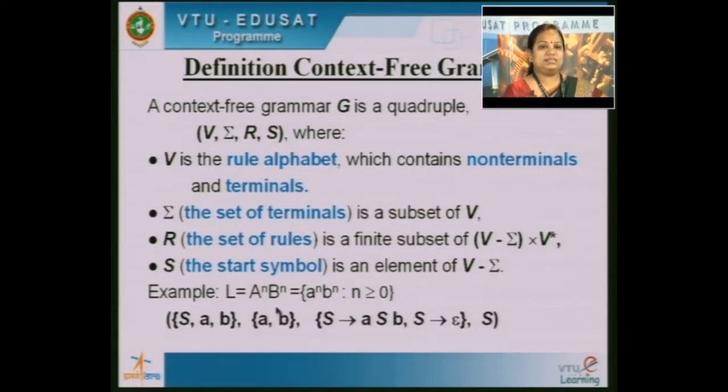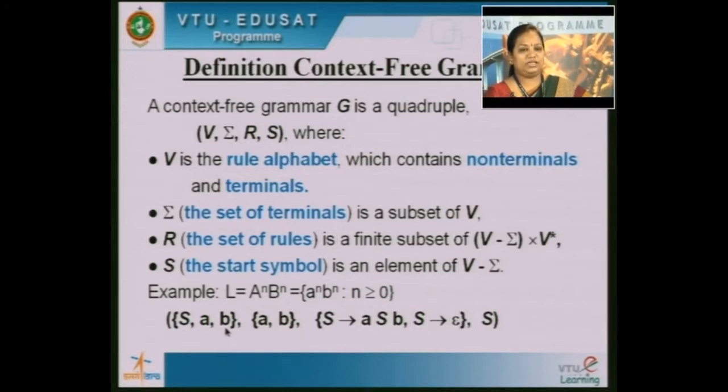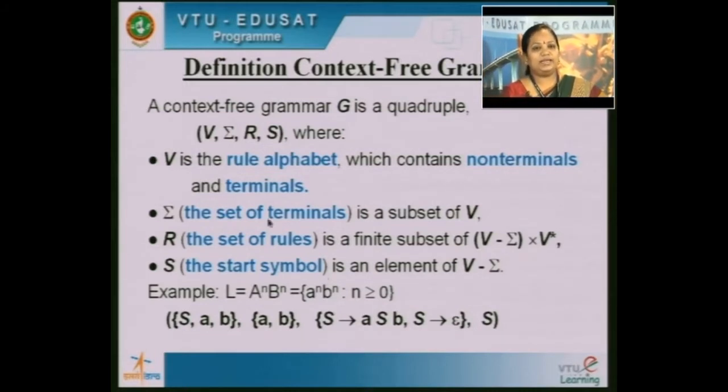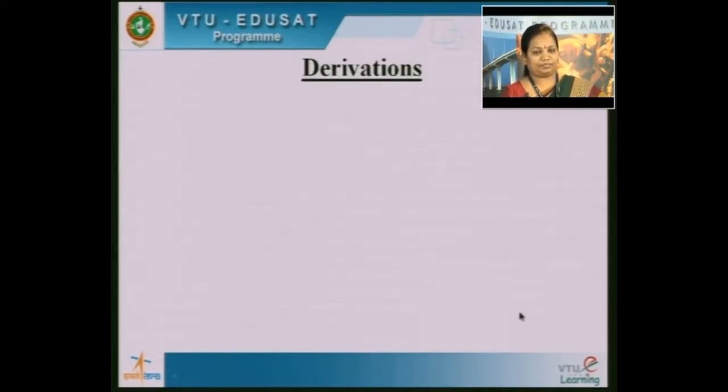Grammar for this language: V equals S, only one non-terminal, and two terminal symbols A and B. Then summation is the two terminal symbols A and B, and the rule set has two rules here, S tends to ASB and S tends to epsilon, and the start symbol is the same symbol, that is S. So, this is how we define the context free grammar as a quadruple V, summation, R and S.